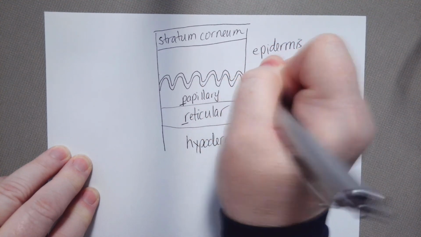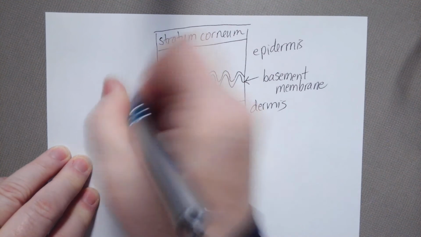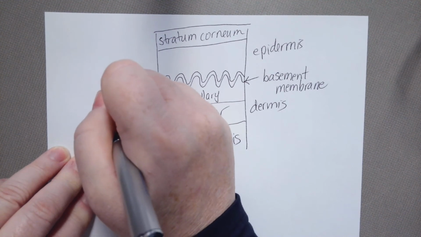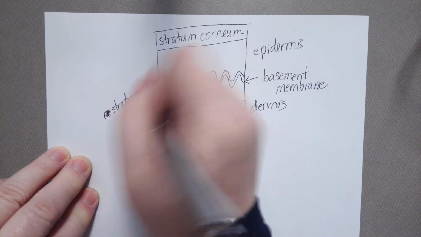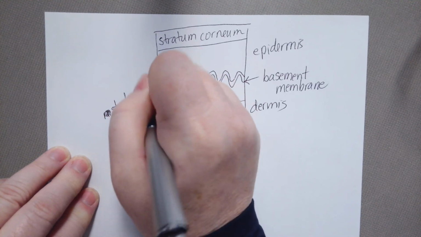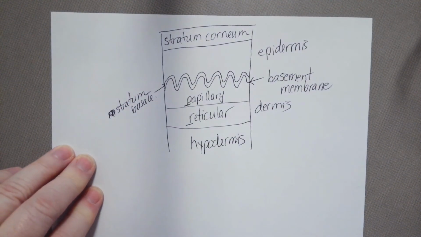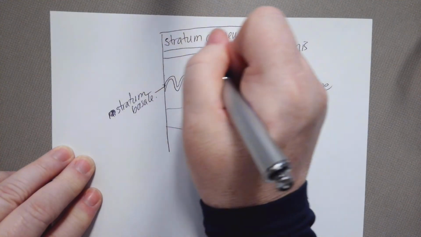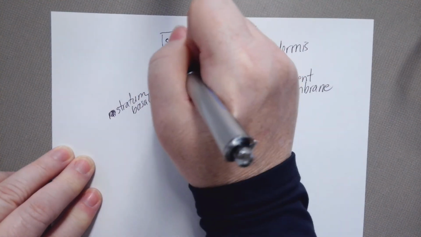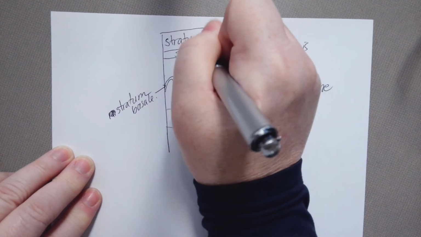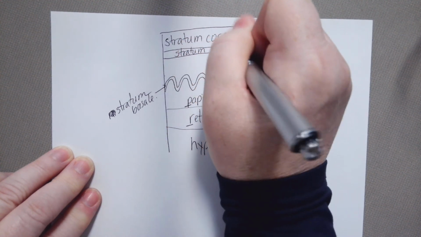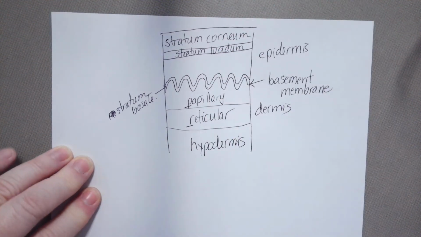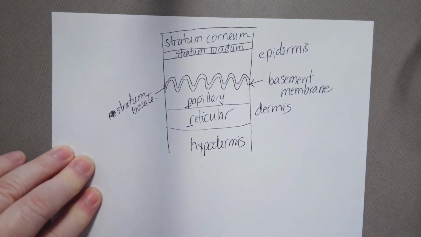That's where our stem cells are, our melanocytes, our keratinocytes, and this is the stratum basale. Okay, underneath the stratum corneum we have a thin layer of see-through tissue that is only present in thick skin, and that's the stratum lucidum.